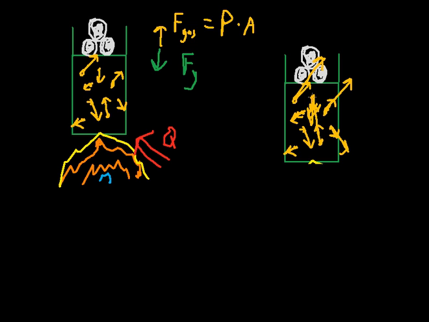What this is going to do is it means that we're going to have much more frequent collisions with the surface, and those collisions are going to be more violent. So when we draw our forces that are acting, we're going to have this force of the gas, and the weight hasn't changed.